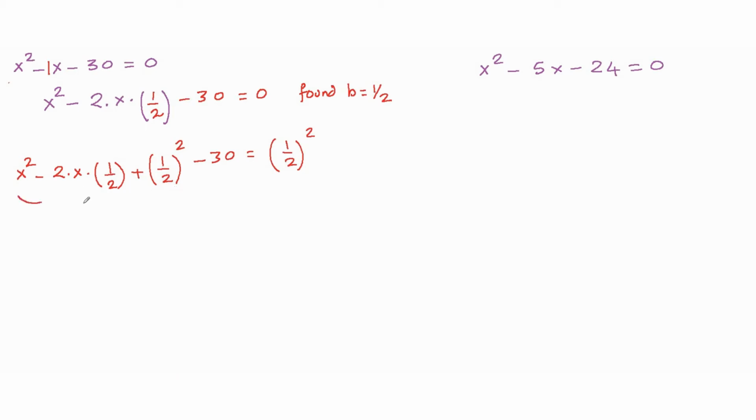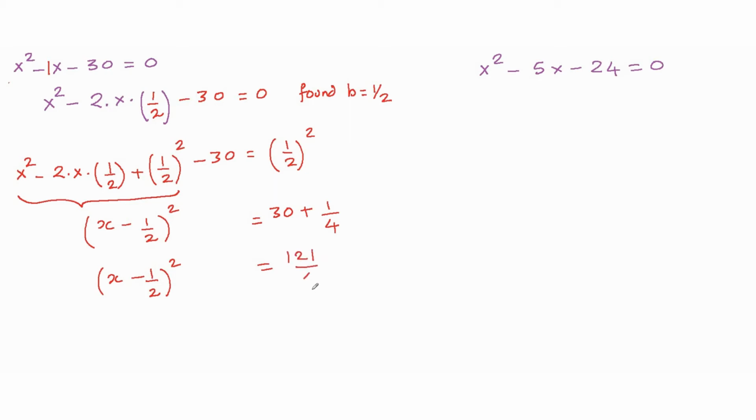Now of course the first three terms make a very nice square, so I can write this as x minus half the whole square. Shift the 30 to the other side, I get 30 plus 1 by 4, and therefore x minus half the whole square is equal to, if I take the LCM, it becomes 121 divided by 4, right? And therefore I can say x minus half is equal to square root of 121 by 4.